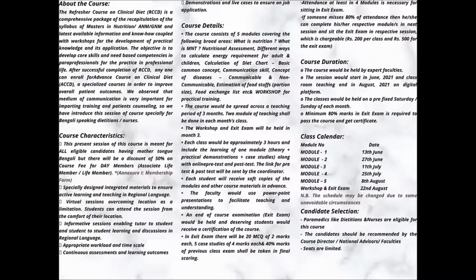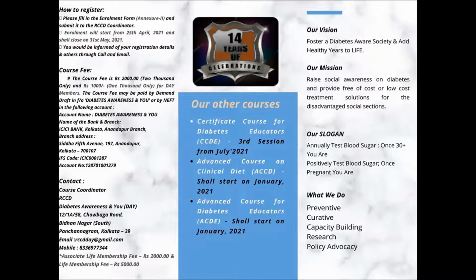The calendar: first class on 13th June, second class 27th June, third class 11th July, fourth class 25th July, fifth module 8th August, workshop and exit exam on 22nd August. A 3 months course. Course fee is 2,000 for all and 1,000 rupees for day members.